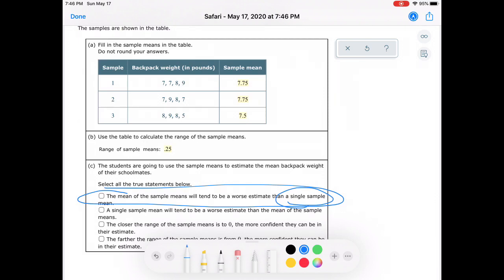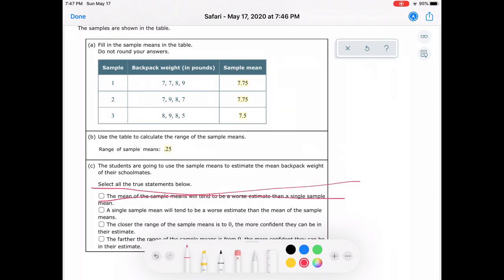If you wanted to know about 100 people, but you only asked 4 people, that's not really representative of the population. So the more people you ask, the better. So if you ask 4 people in one class and 4 people in another class and 4 people in another class, that is definitely going to give you a better idea of what the population is like. So the mean of the sample means will be a better estimate. So this one right here, this is not good. That says it's actually worse.